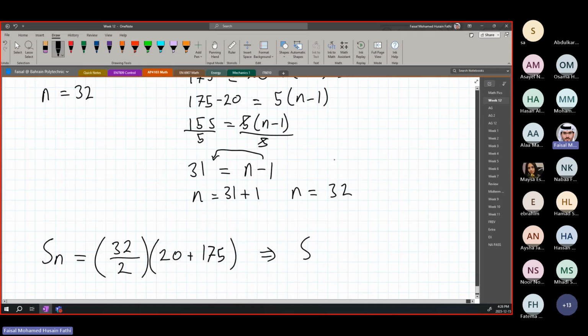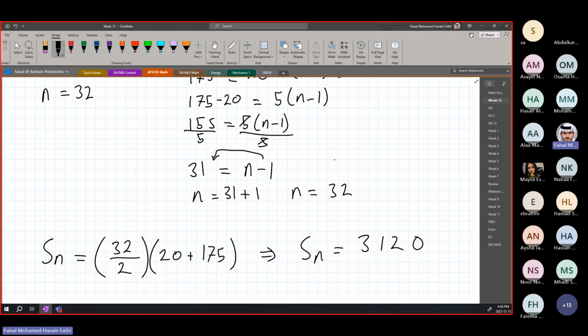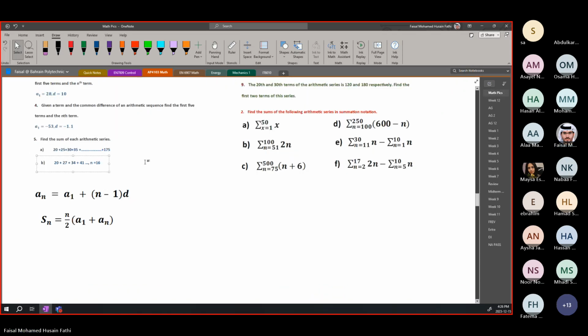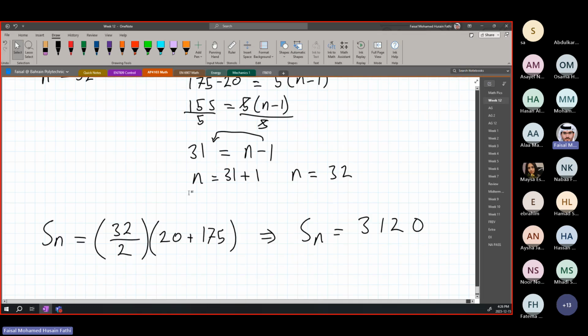Put this all in the calculator. Sn is equal to 32 divided by 2 times 20 plus 175. 3,120. Done. We found our Sn. Easy, straightforward.